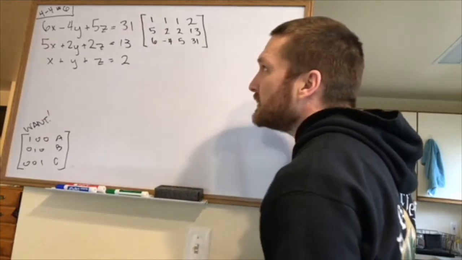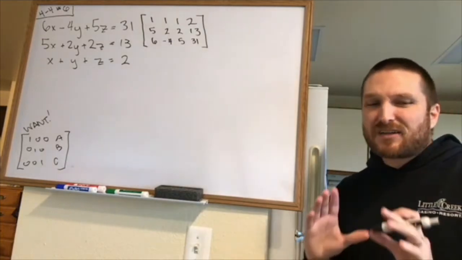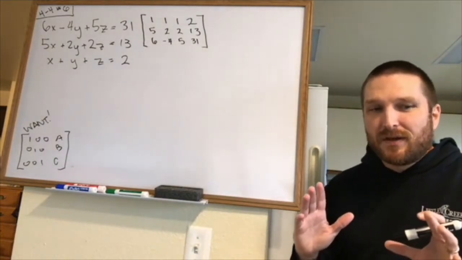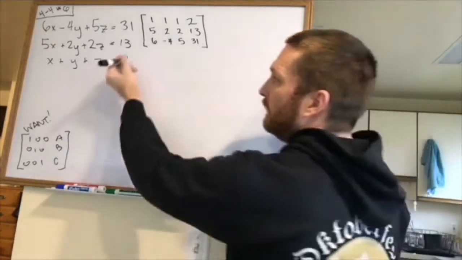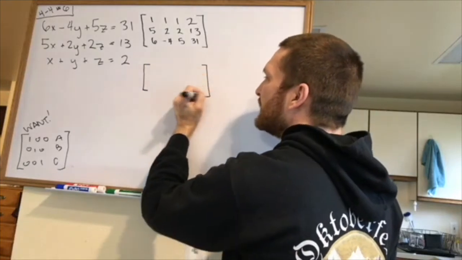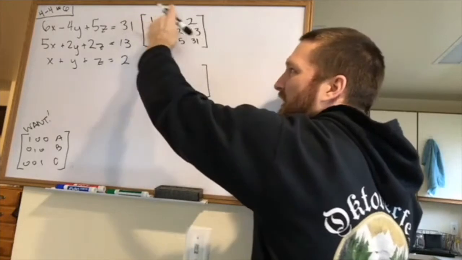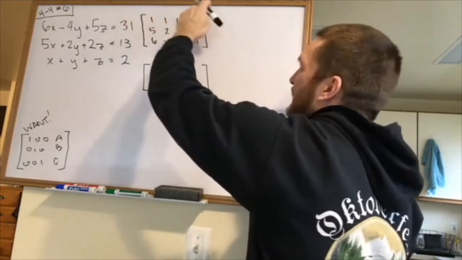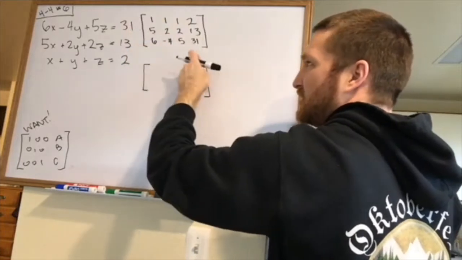Now, the way I like to do this, I like to do it in kind of one step. I'm actually going to take 2 steps, but I'm going to think about it like this. My goal at this point is to get zeros right here. In general, when I'm getting zeros beneath this guy, I am not changing the first row.